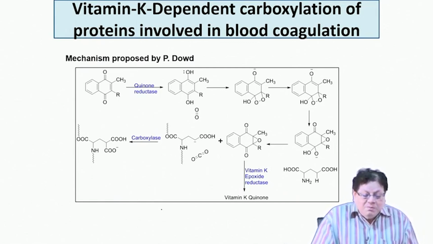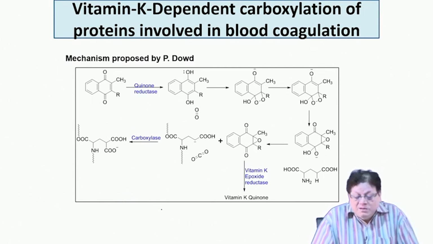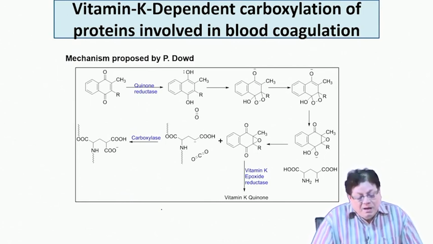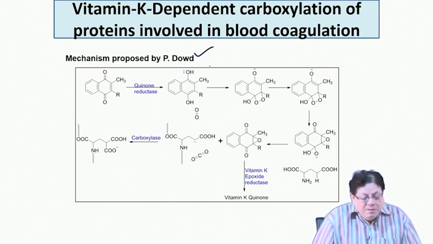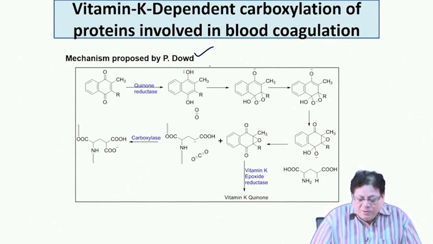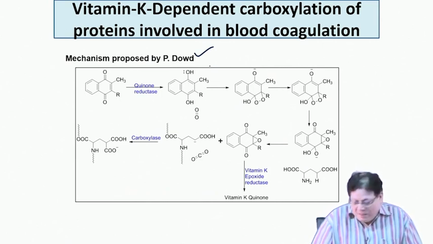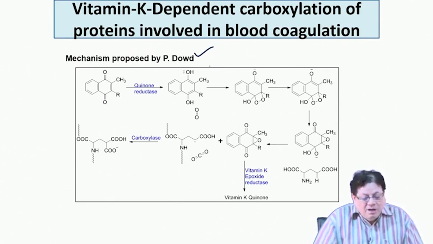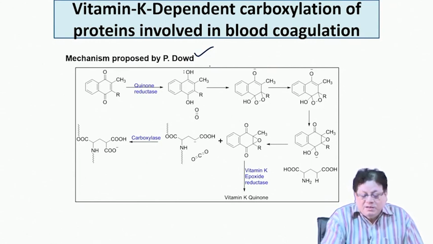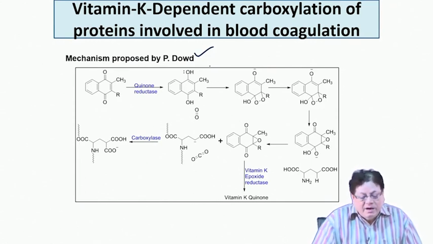The most accepted mechanism is what was proposed by Paul Dowd, a famous organic chemist, and there are many proofs and evidences to show that this mechanism is possibly the correct one.